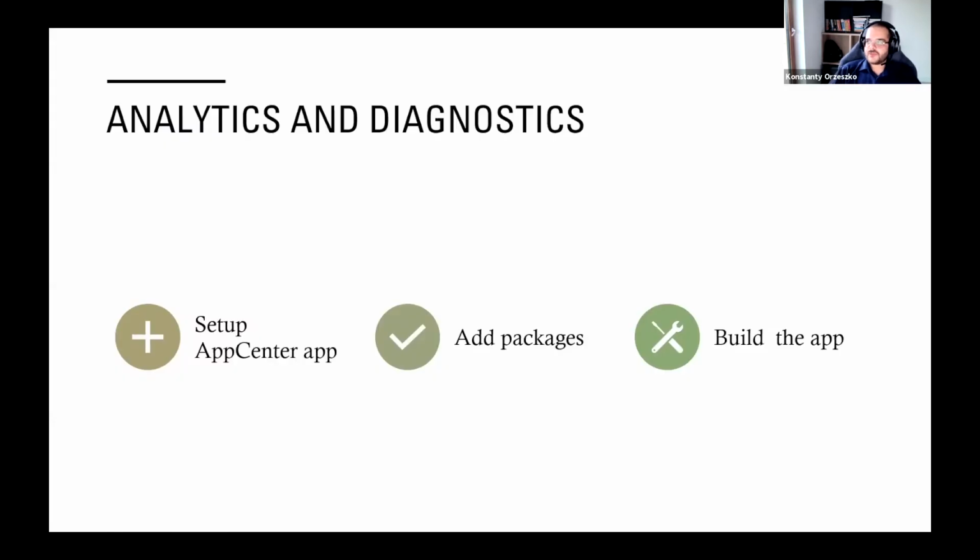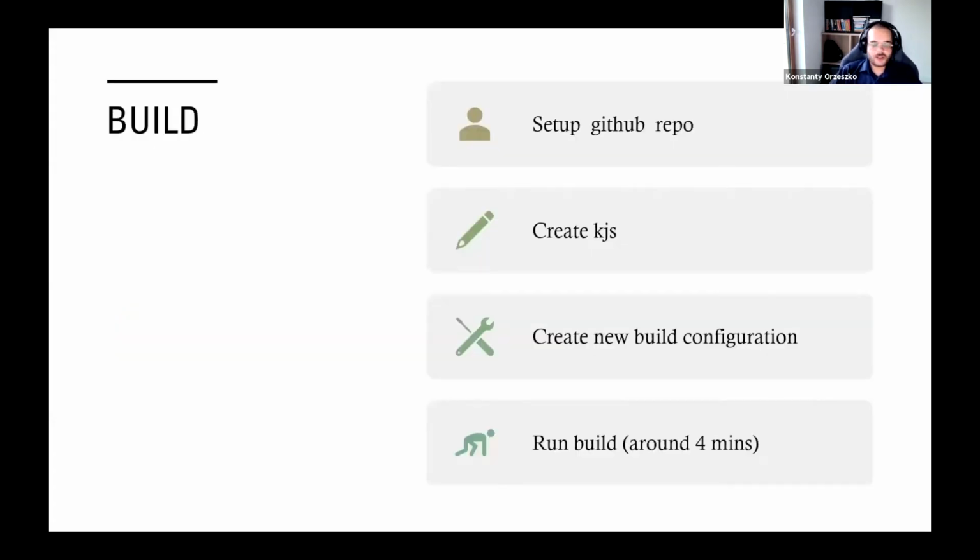So what do we need to build the app at the App Center? So first of all, we'll need to set up a GitHub repo. Then we'll have to create the Java key store file to sign our app. We'll have to create a new build configuration on the App Center, and we'll have to wait about 4 minutes for the App Center to build our application.